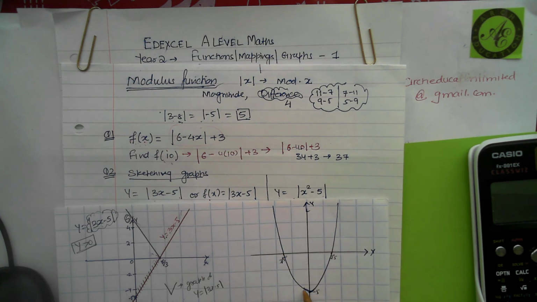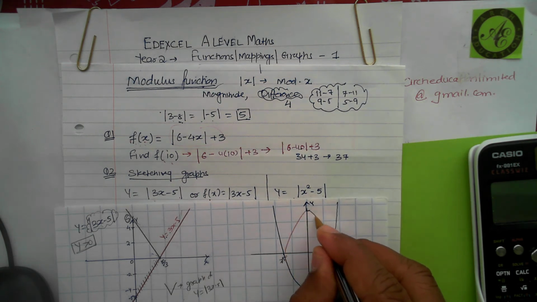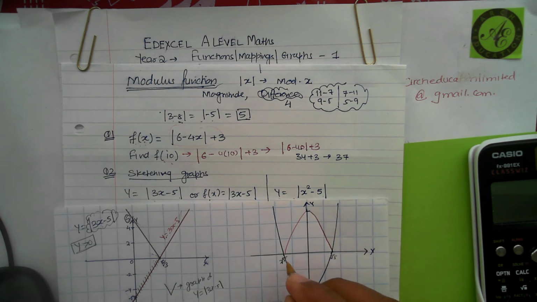That means this portion of the graph below the x-axis needs to be reflected above the x-axis. So I'm going to cross that out, and this is not the graph I need. This goes up to 5, and that shape is the graph of y equals modulus of x squared minus 5.